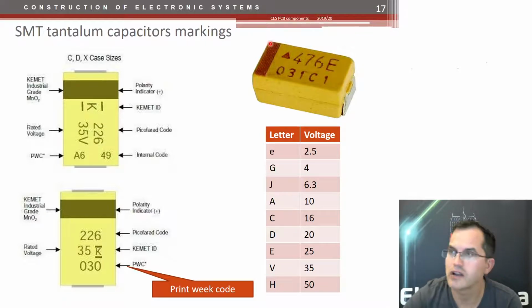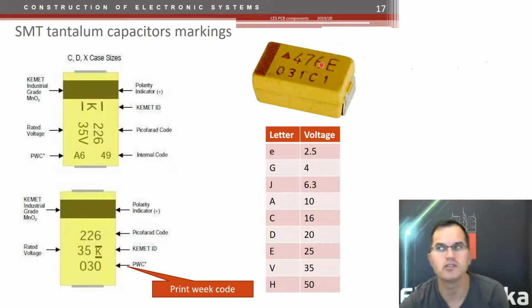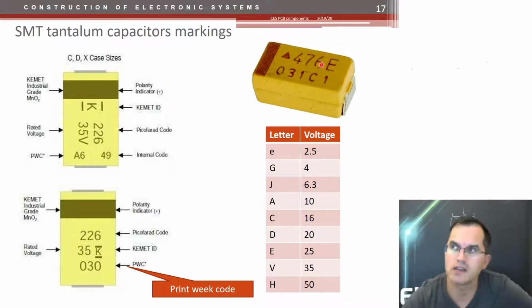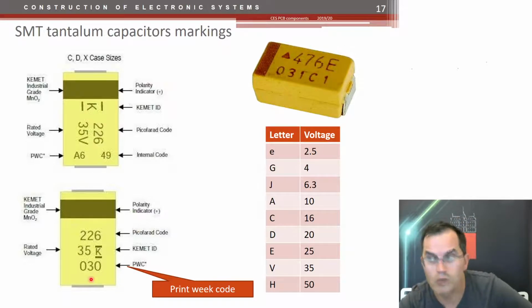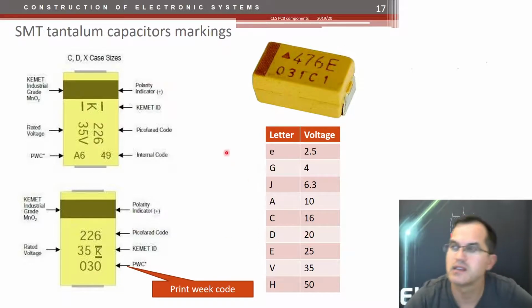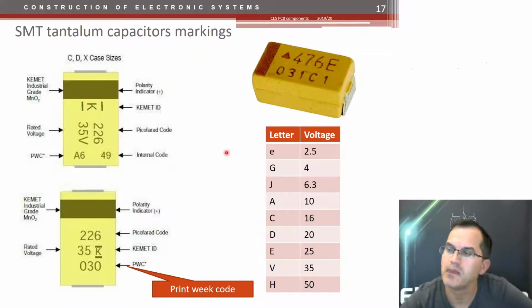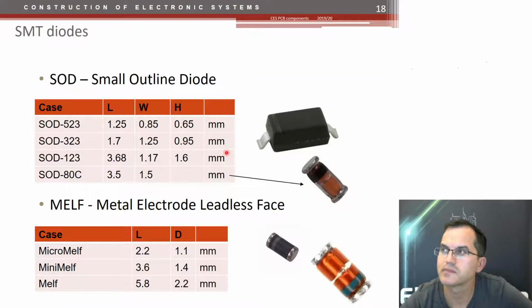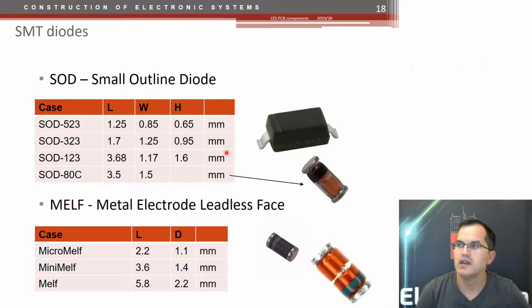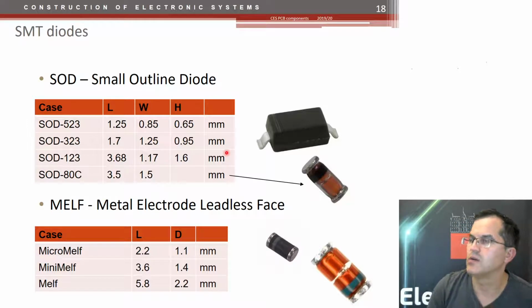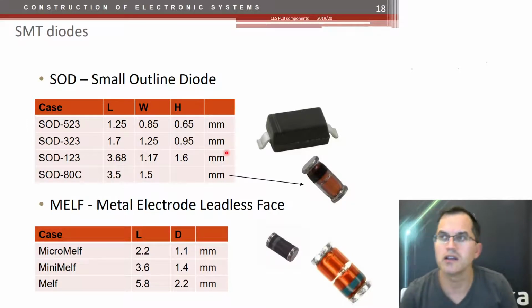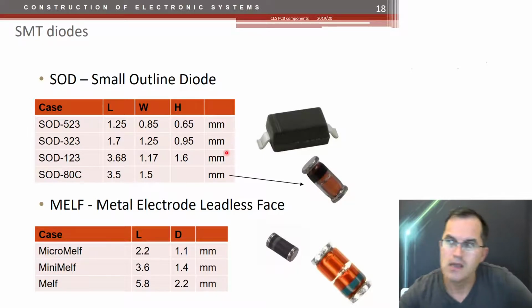The values are more or less similar. So 47 times 10 to the 6 picofarads, which is actually 47 microfarads. And the letter usually denotes the voltage, but not always. So yeah, you still have to be careful. It depends on the manufacturer. What about diodes? The SMT diodes are in two main packages, the SOD and MELF.